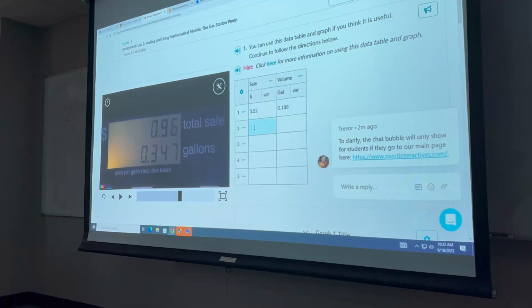So, okay, we have a second value. I don't want to bore you with these because I know you can do these at home. But I just want to see if we can come up with a graph of a straight line. And of course, everybody's going to get different data based on where you stop this thing.